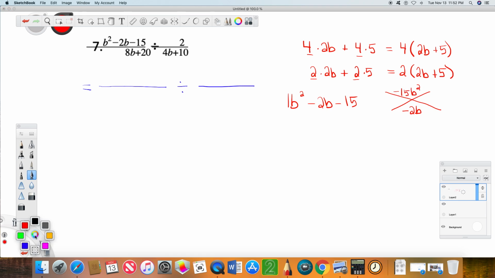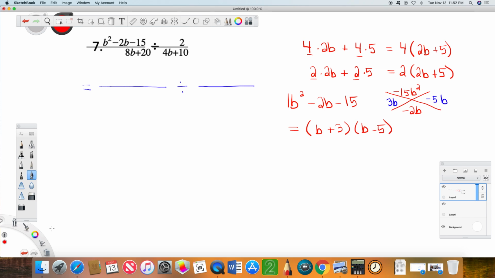So now through trial and error, we'll look for two expressions that when multiplied together give us the top, and when added together give us the bottom. 3b times a negative 5b, I think does the trick, because when you multiply them together you get the top, and when you add you get the bottom. So we can take a shortcut. Whenever we see a leading coefficient of 1, when the number in front of b squared is a 1, it's a lot easier factoring problem because we don't have to make a table. We can just use the 3 and the negative 5.